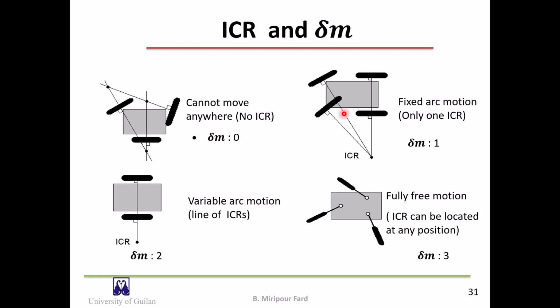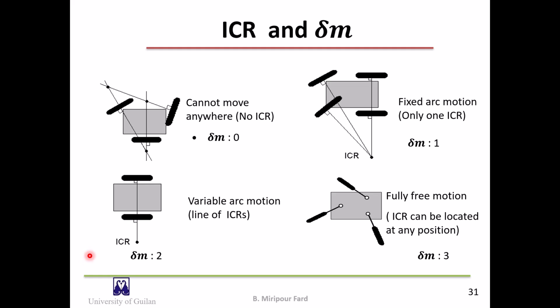If at each instant only one unique point is specified for the ICR, for example in the case of a car-like robot, its degree of mobility is 1, and if there is a line of ICRs, then the degree of mobility is 2.